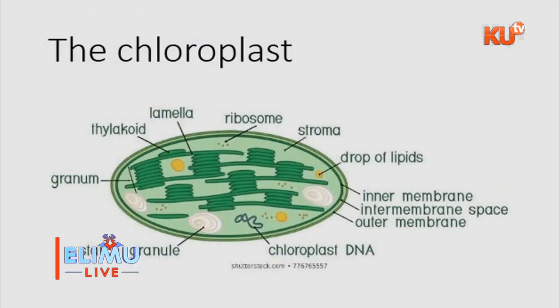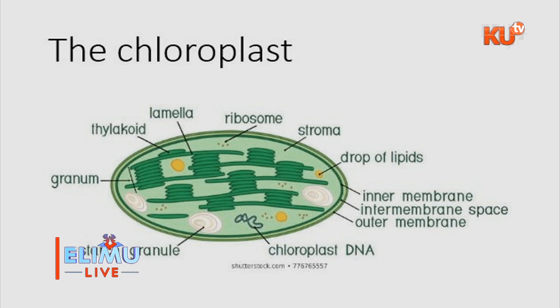We are seeing the lamella there, and we also have the ribosome. We also have the stroma, which is the liquid part of the chloroplast. It helps in maintaining all these organelles.